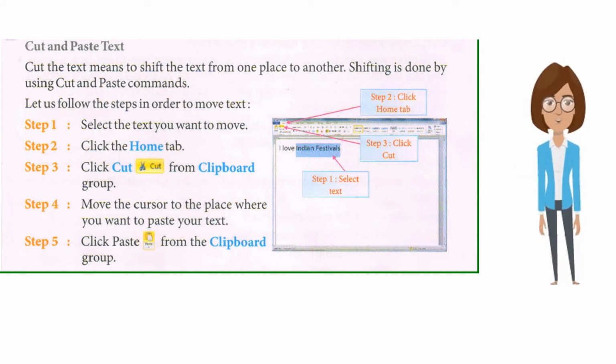Step 2. Click the Home tab. Step 3. Click Cut from clipboard group. Step 4. Move the cursor to the place where you want to paste your text. Step 5. Click Paste from the clipboard group.